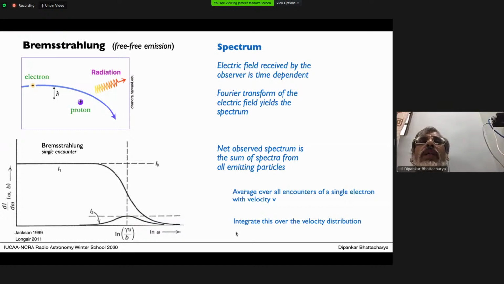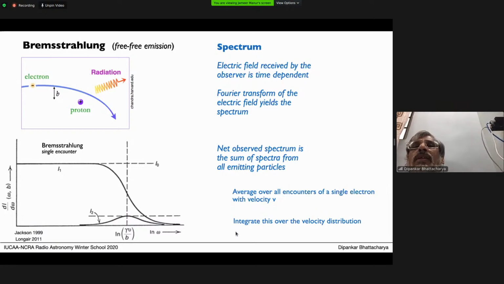So we can then look at the probability of this encounter as a function of b, and then average the spectrum. And all this is for a given electron velocity v.